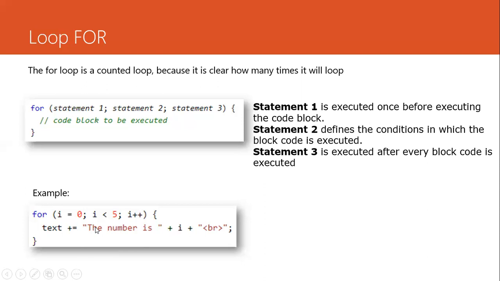So if I simulate it, the first is the number is 0, and then after I display 0, I will add i with plus 1, so i is 0 plus 1, and I put here, our i is now 1, less than 5.